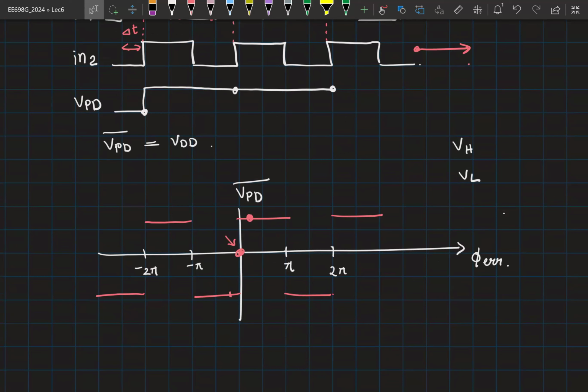So you'll have to change the phase error. Instead of phase error, let's say you are sweeping the delta t, and then at every point you measure the VPD average, and then you plot it and then find the frequency. Is that your attempt? No? What is?